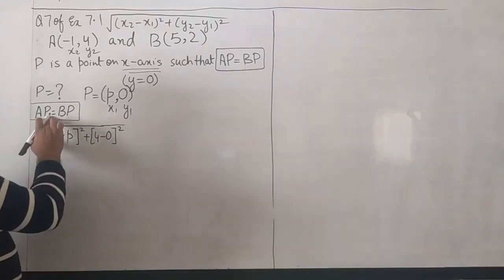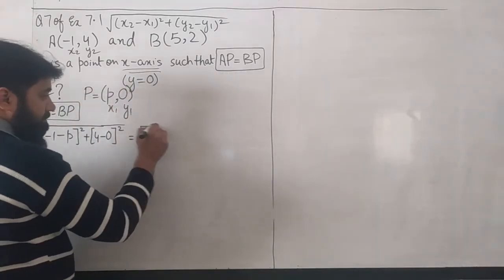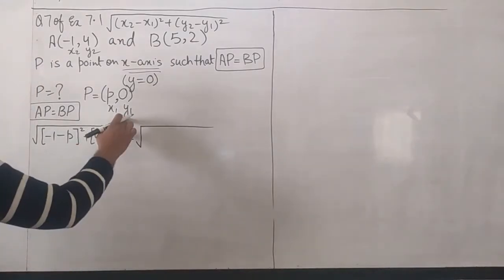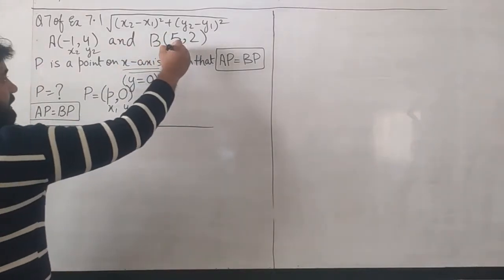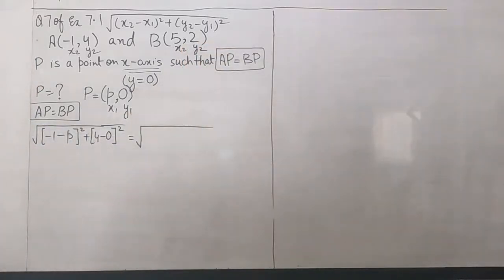Now AP equals BP, that was given, so equals sign. For A, I am taking x1, y1. For B, I am taking these two as x2, y2, right?